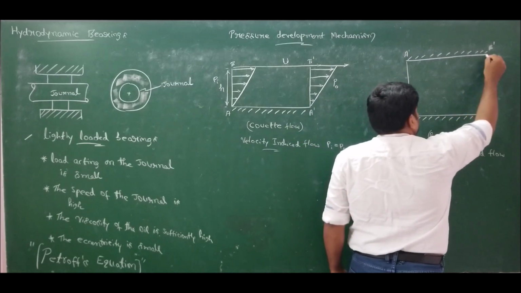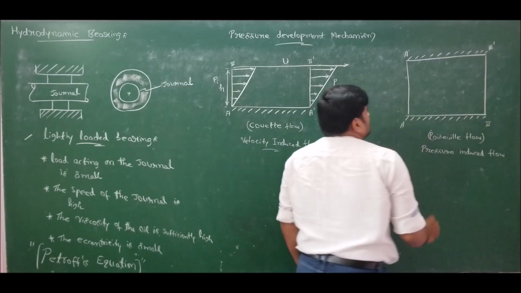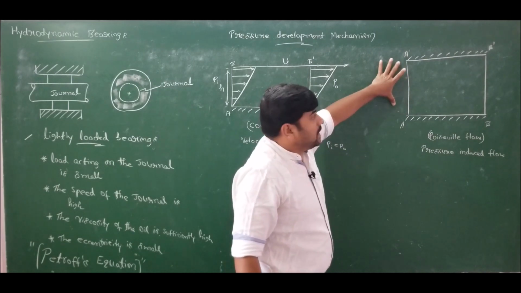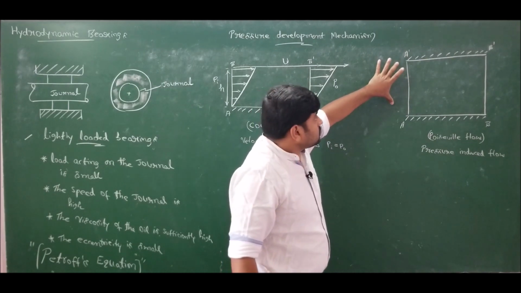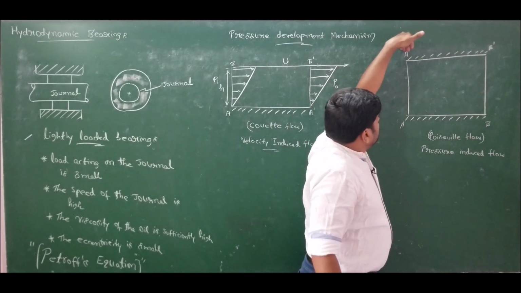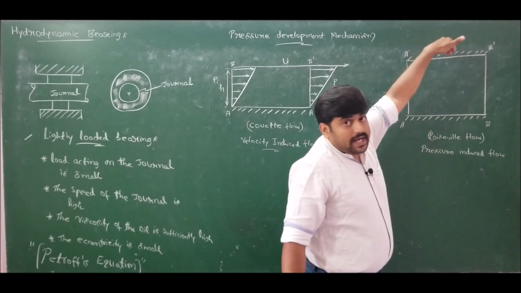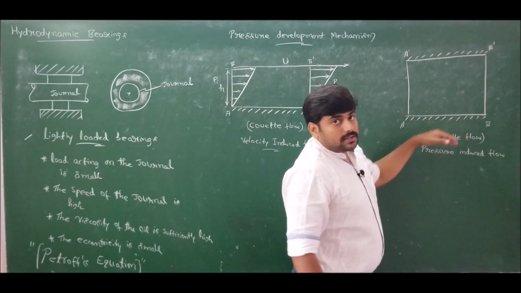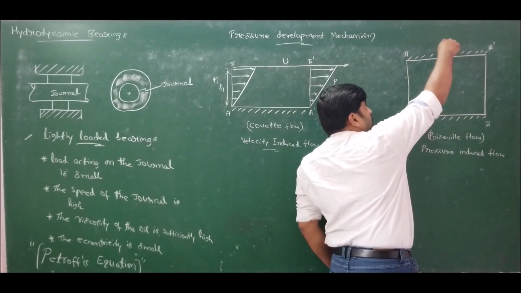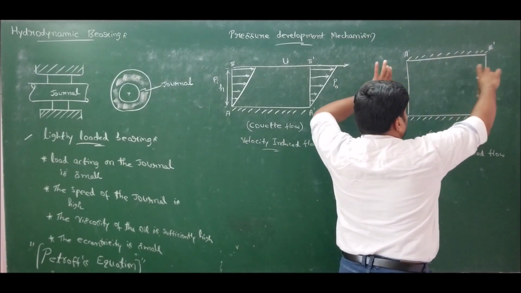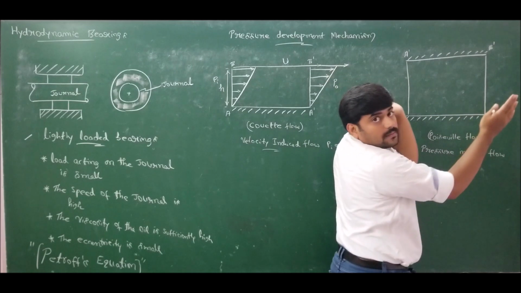Now let us consider the distance between these two plates as h, and these two plates are stationary. If the movement of A dash B dash takes place perpendicular to AB, that is in the vertical direction, and I press this, then whatever fluid is present between these two plates will squeeze out.